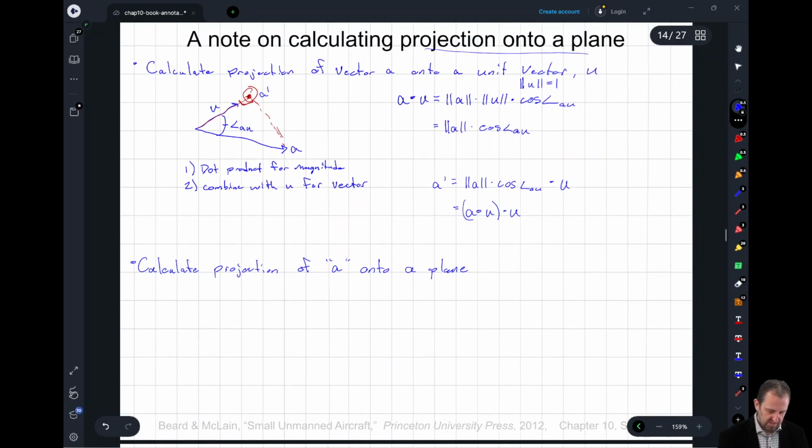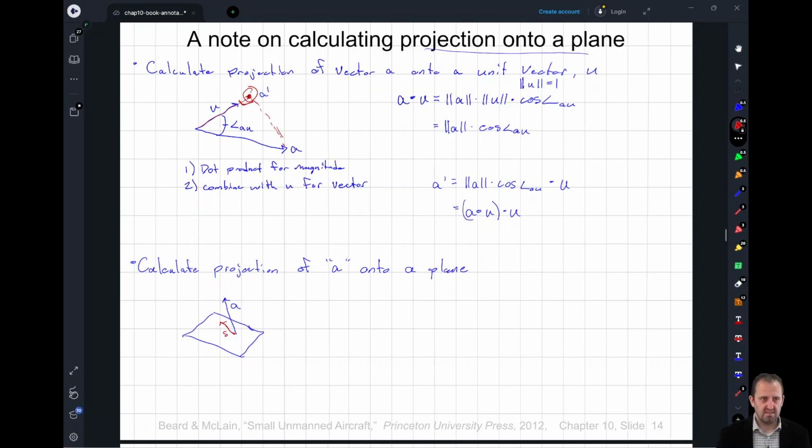Okay, so let's draw this out. We have some plane here, and we have a vector A, and I'm going to draw a red line just to note this is the projection, and I'm going to call this S. So we want to know what S is. It's a projection of A onto the plane.